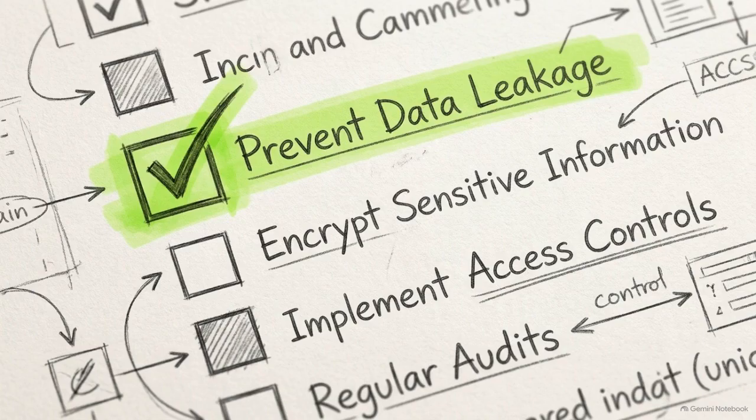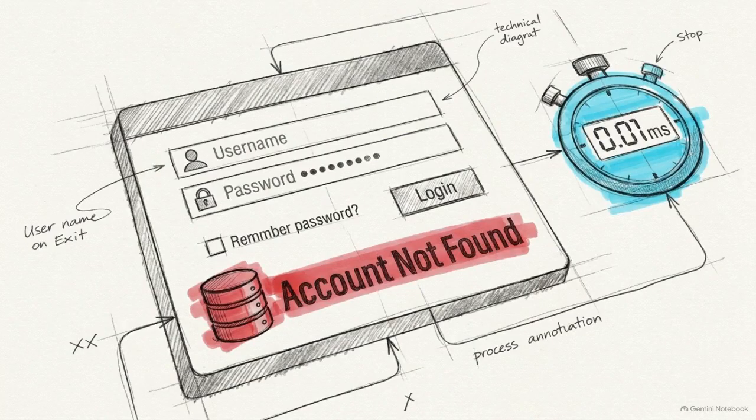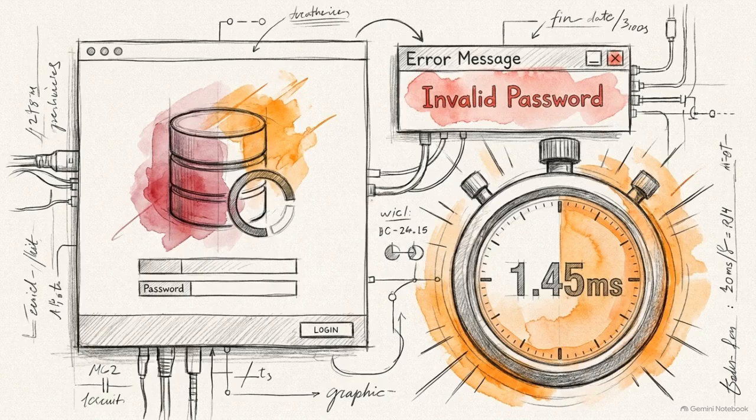It's the reason behind OWASP Requirement 2.18, which mandates that web applications prevent username enumeration. If you try to log in with a non-existent account, the server checks the database, finds nothing, and immediately throws an error. But if you provide a valid username with the wrong password, the server takes slightly longer to process the rejection.